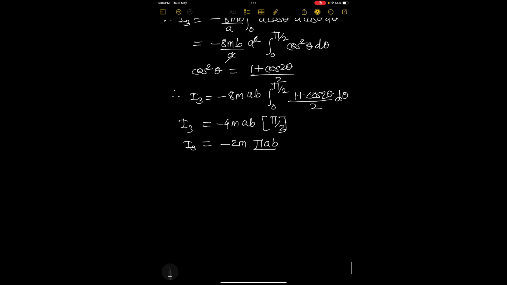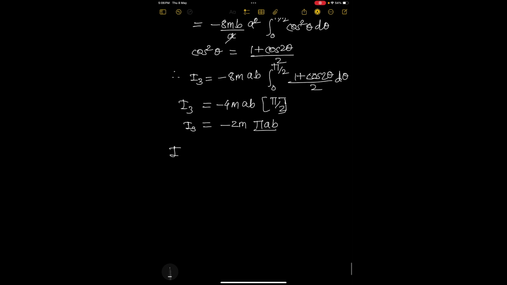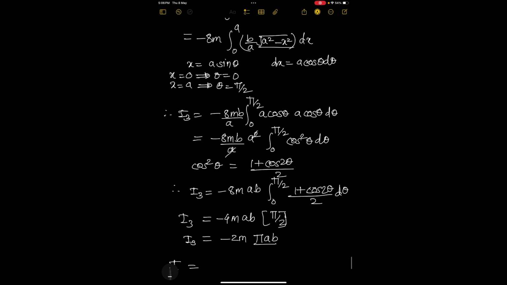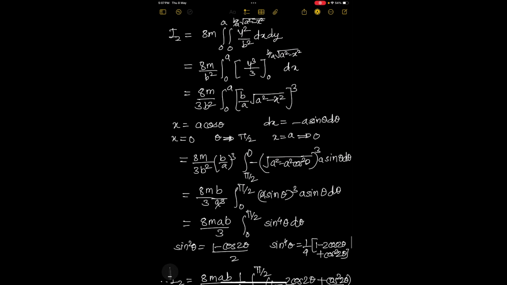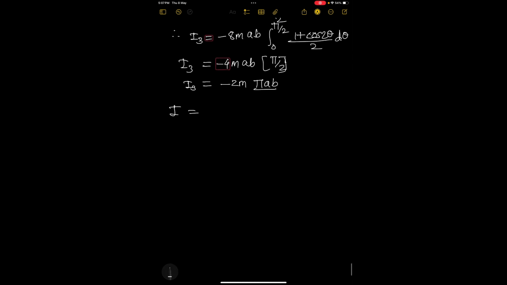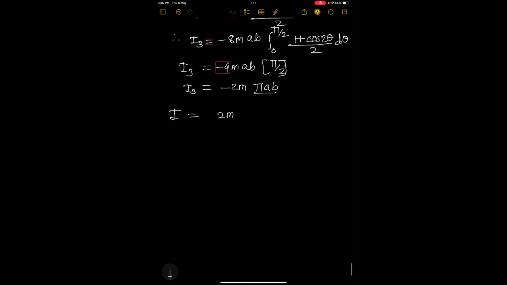So let's add all these equations to get the total. I1 is equal to 2m pi ab by 4.